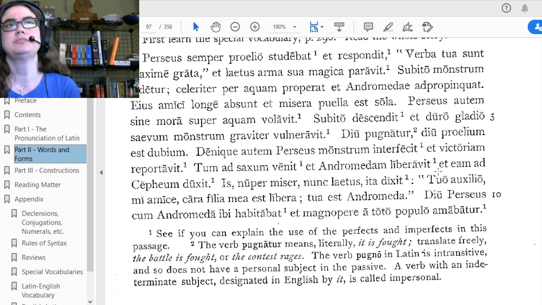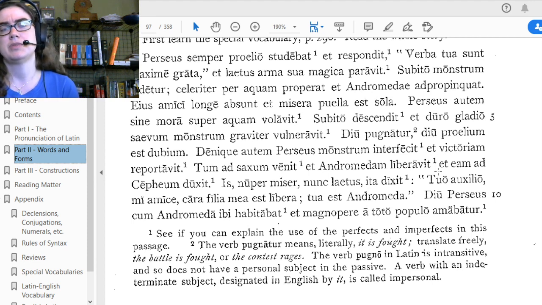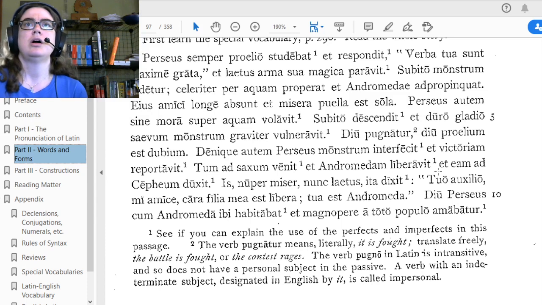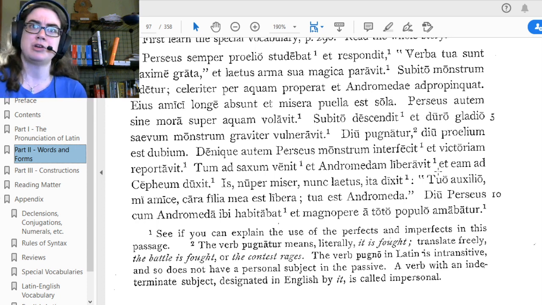Anyway, back down to line 8. Then he came to the rock and he freed Andromeda and he led her to Cepheus. He, recently miserable, now happy, thus spoke: By your help, my friend, my dear daughter is free.